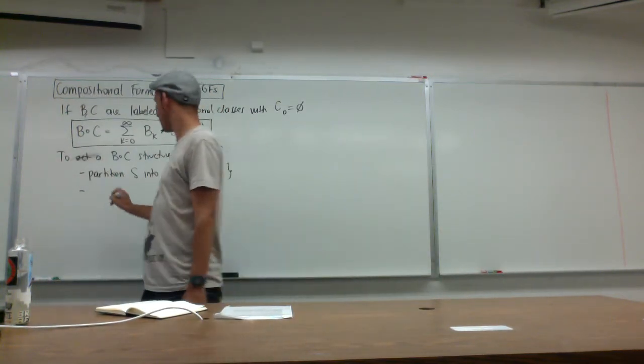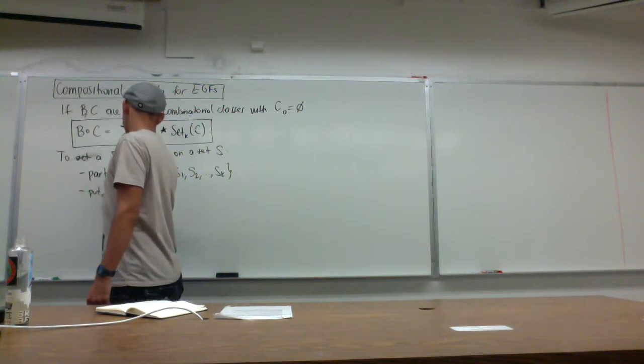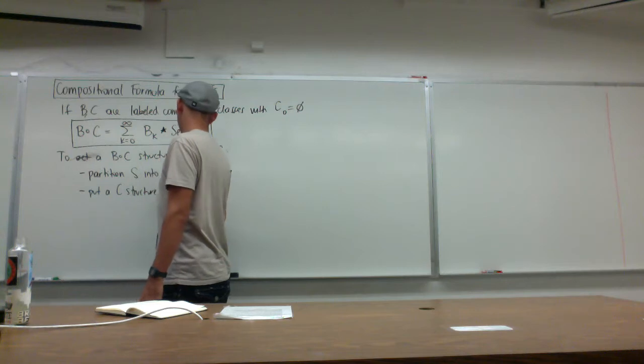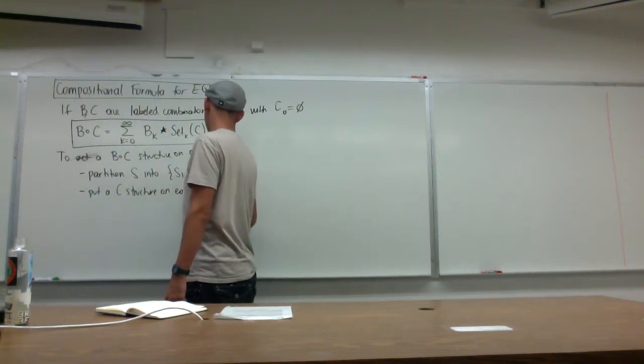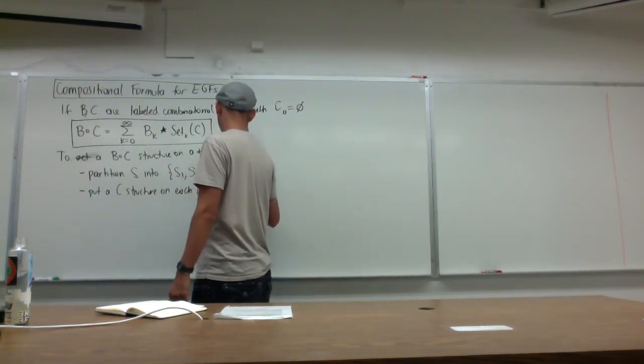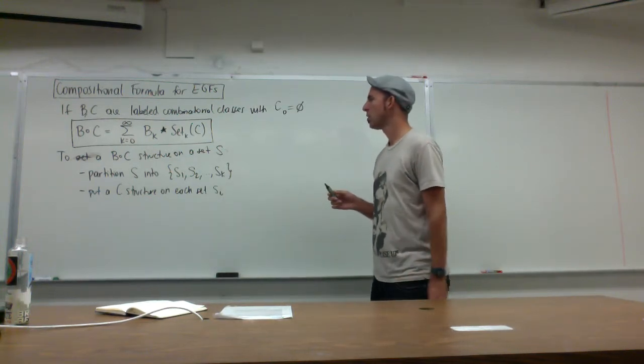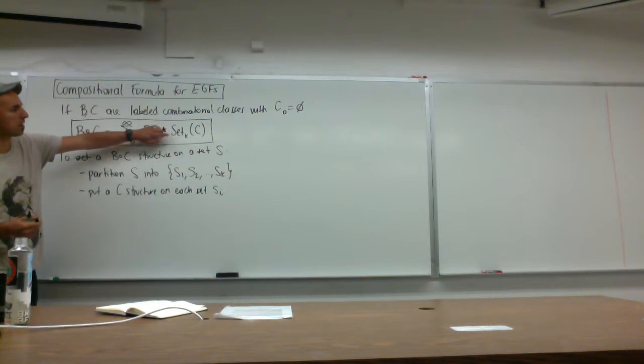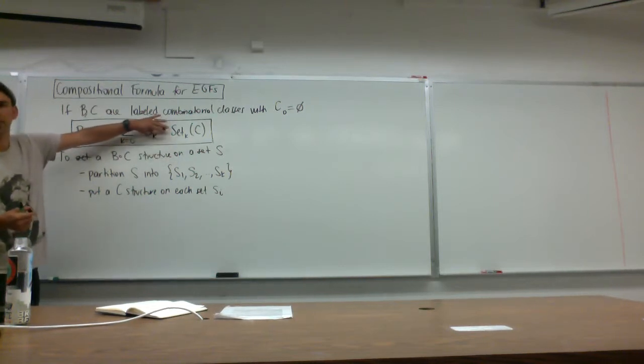So put a C structure on each set Si. Okay. So if I were to stop here, I would just be describing this, right? As I range over the different values of k.